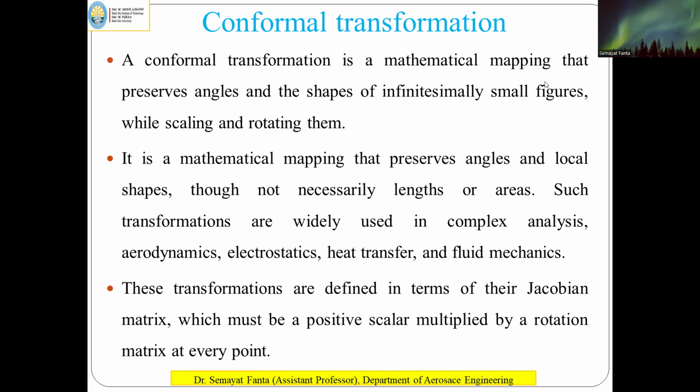These transformations are defined in terms of the Jacobian matrix. So what is that Jacobian matrix? We can see later. The Jacobian matrix must be a positive scalar multiplied by the rotation matrix at every point. So we'll see the Jacobian matrix later.